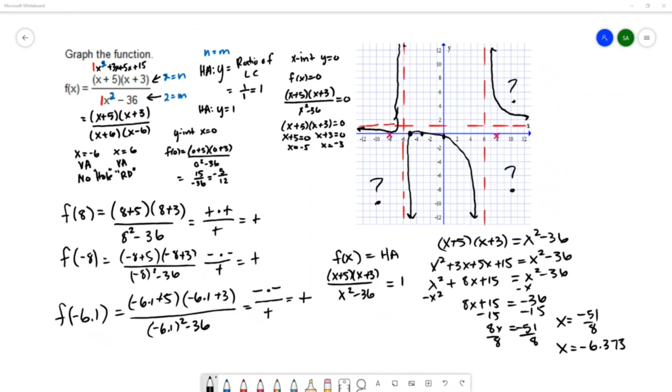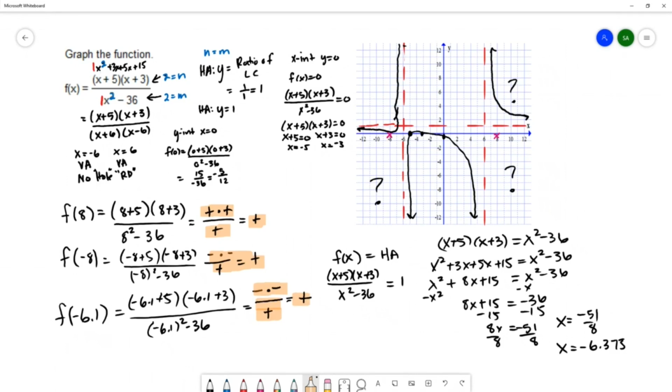So after thinking about this graph a little bit more, I have adjusted how I've drawn the curve on the left-hand side a little bit. And I thought a little bit more about why I was having trouble graphing this piece. And I think it's because I only focused on whether I had a positive or negative here instead of getting the actual y values.